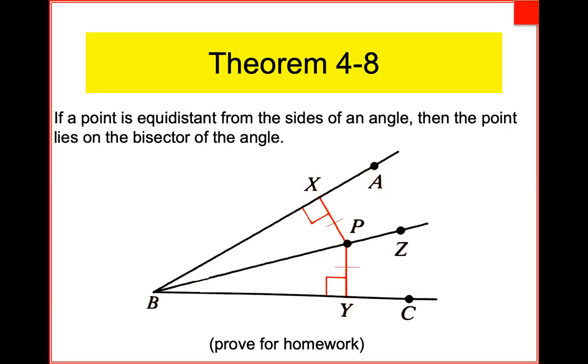We got a hypotenuse and we got a leg. It's hypotenuse leg. It's the same proof as the converse. So you're going to have an HL, therefore by CPCTC this angle is congruent to this angle, and you're done. There's the proof. If you remembered it, then your homework's easier.